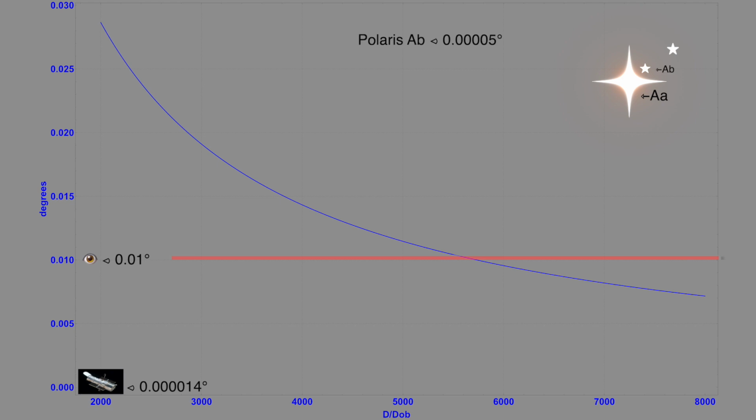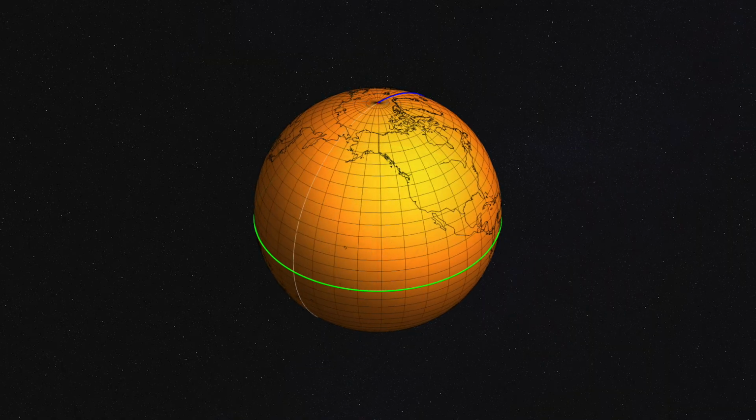Polaris Ab is at an angular distance of 0.00005 degree from Polaris Aa, while Polaris B is at 0.005 degree. These stars cannot be resolved from Polaris Aa with the naked eye, but could be resolved by the Hubble telescope. We will come back to this issue of angular resolution when we discuss parallax in a coming video.